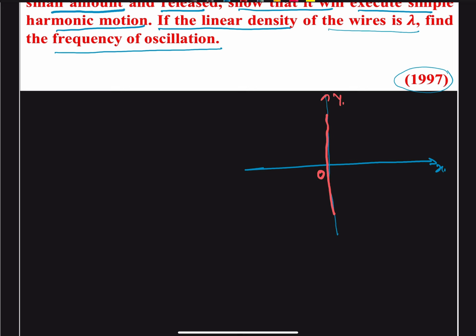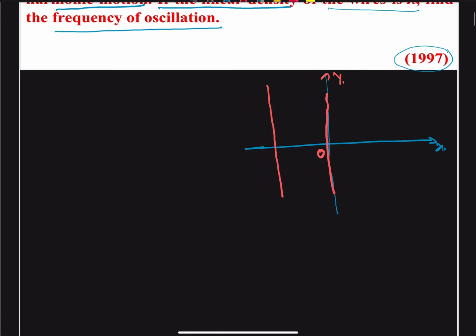Another wire is to the left of it at a distance of d. Okay. So this is our x equals minus d, and the third wire is to the right at the same distance, that is at x equals d. So it means both the wires are equidistant from the center wire.